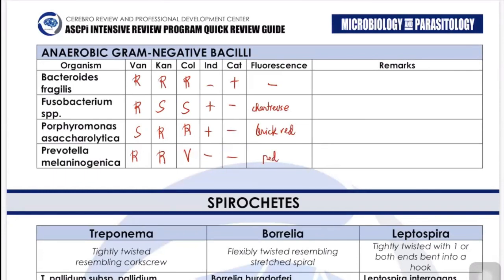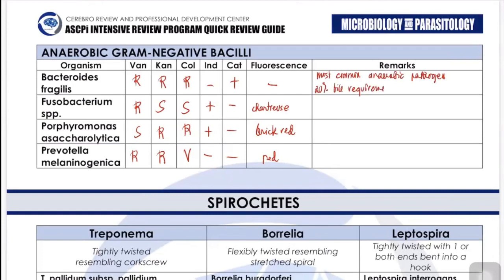Now, take note of Bacteroides fragilis being the most common anaerobic pathogen. And take note of its 20% bile requirement.